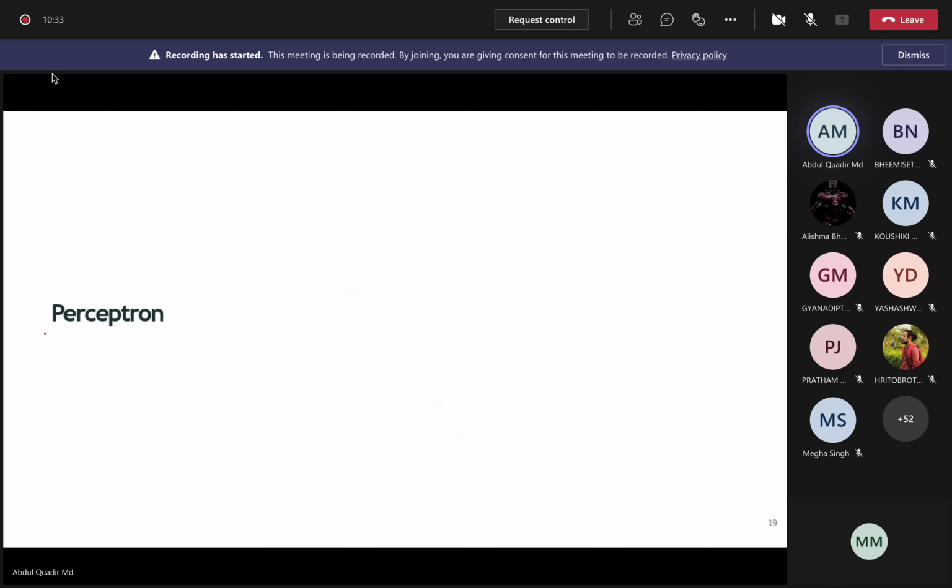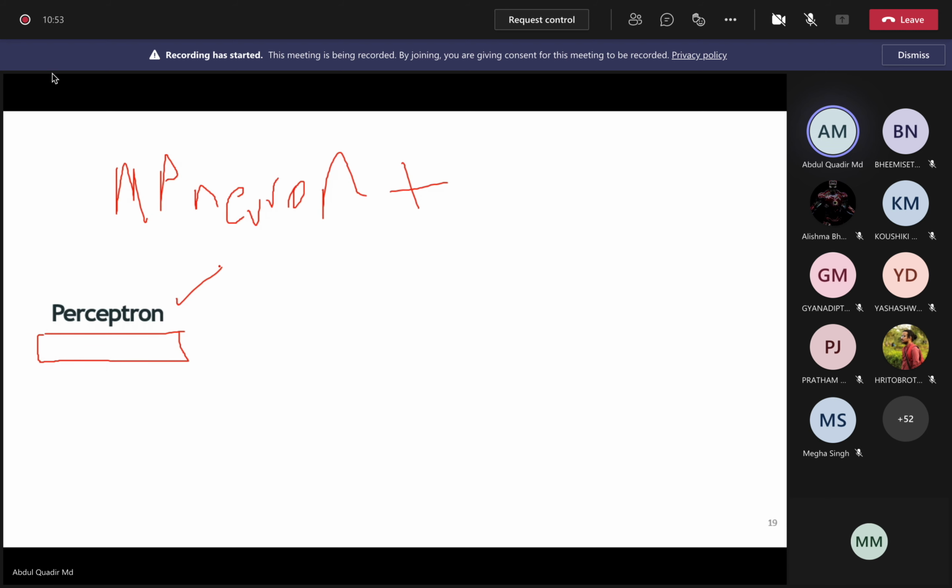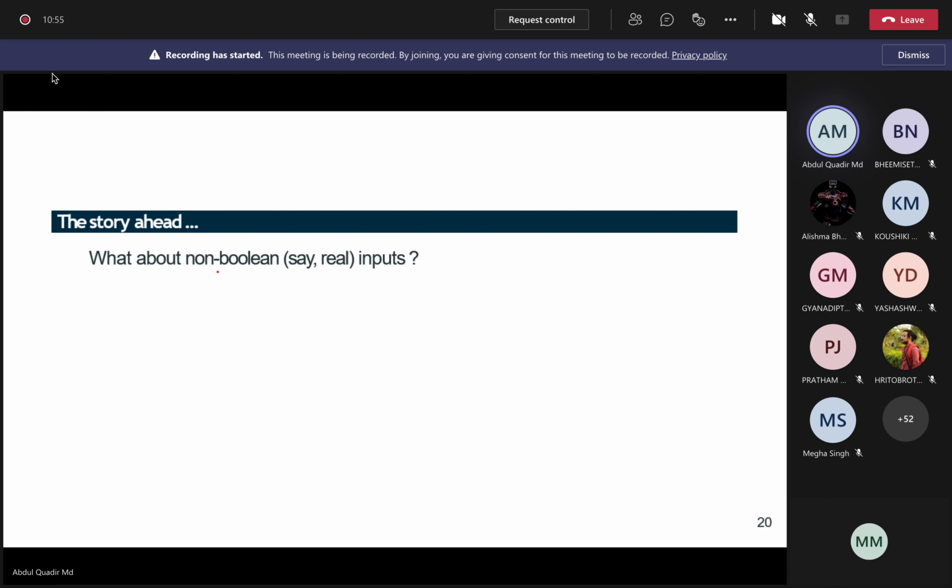Next, we will move on to the concept of perceptron. It is the same concept we have been using in MP neurons, but with some added advantages. That is called perceptron. Now, let's see what the drawbacks of MP neurons were.